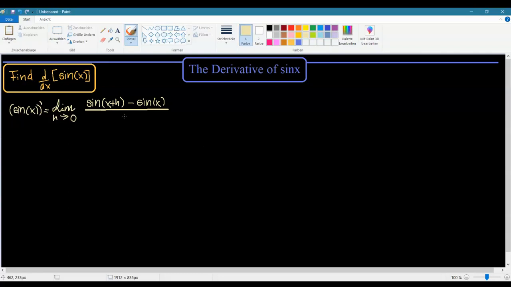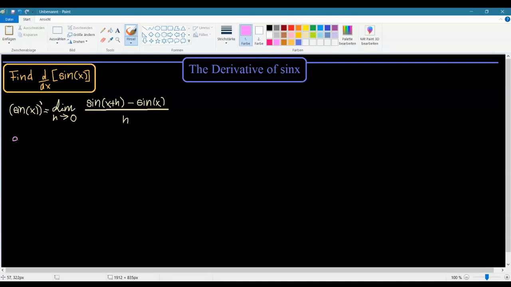So now we're going to put all of that over h. All right, well, how do we simplify this, right? It looks confusing. What on earth are you supposed to do next? Well, we're going to use a trig identity to solve this. The trig identity that we're going to use is sine of a plus b. Now, you might remember it. I'm going to write it down in case you don't.